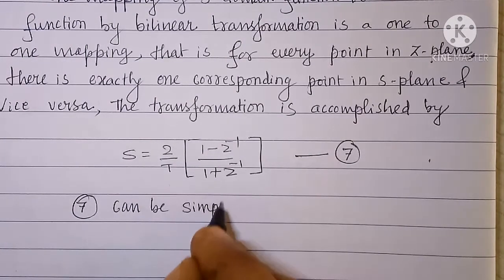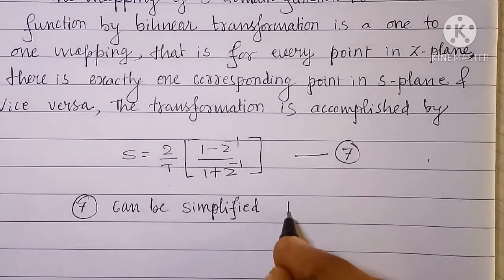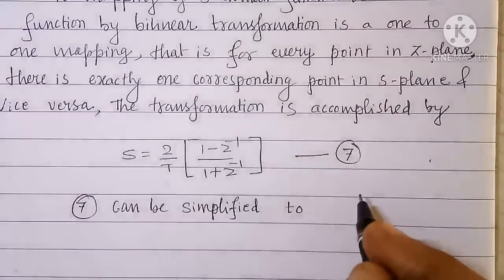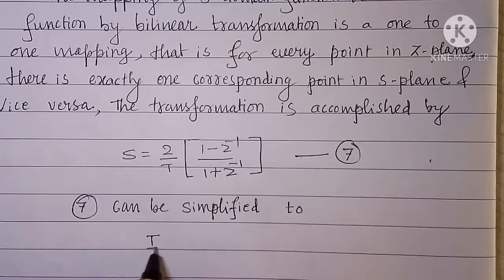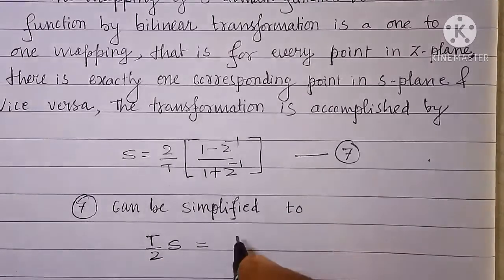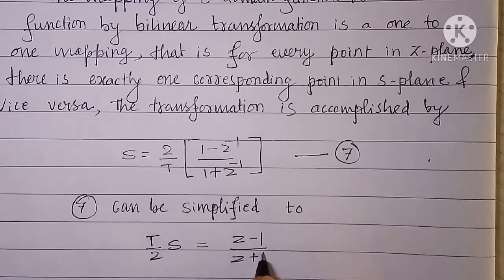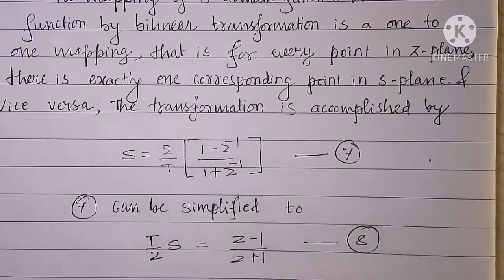Seven can be simplified to T by 2 into S equal to (Z minus 1) upon (Z plus 1). Let us call this equation 8.